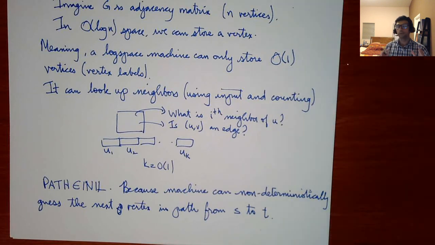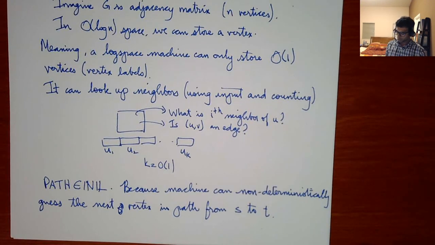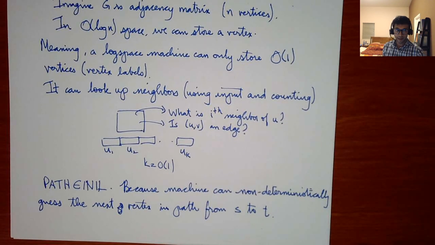You don't even need that much memory in a non-deterministic sense. Okay, so is this part clear? So path is in NL.